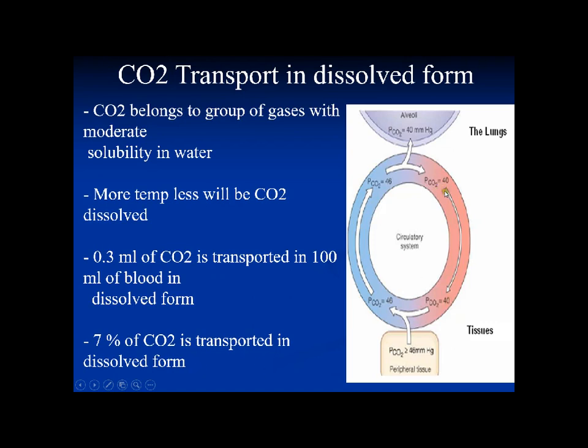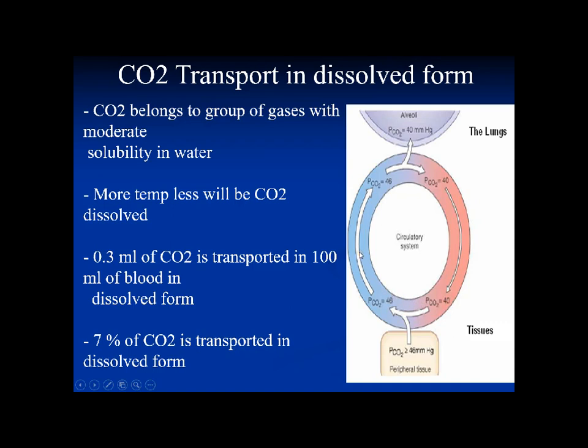In arterial blood, at a pressure of 40 millimeters of mercury, the dissolved carbon dioxide is 2.4 ml per 100 ml.